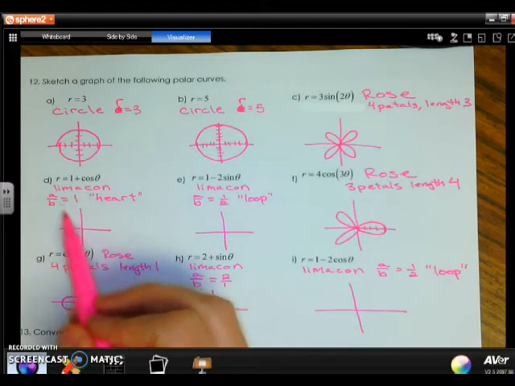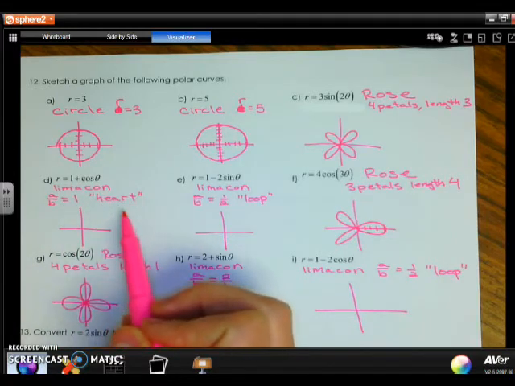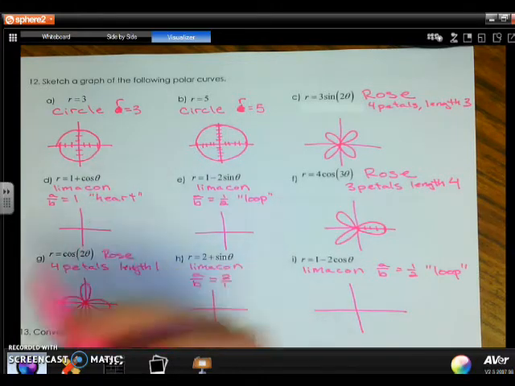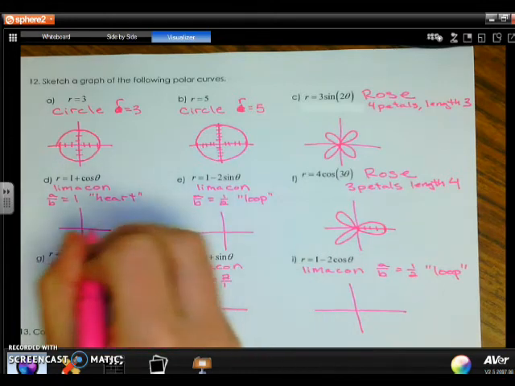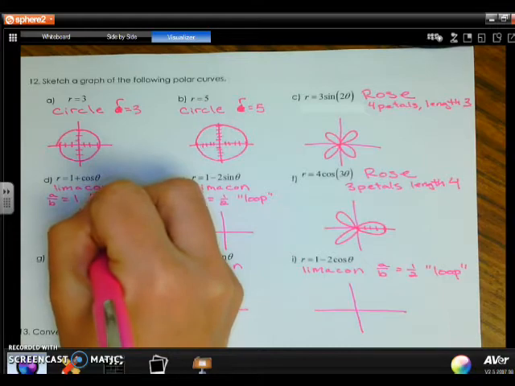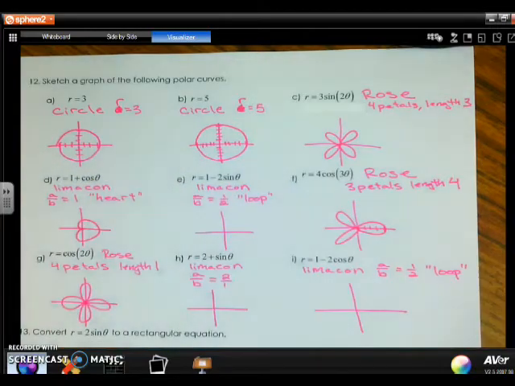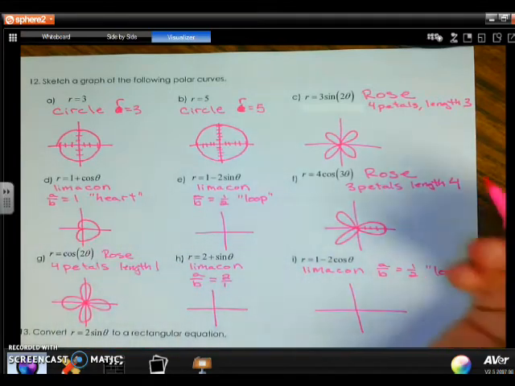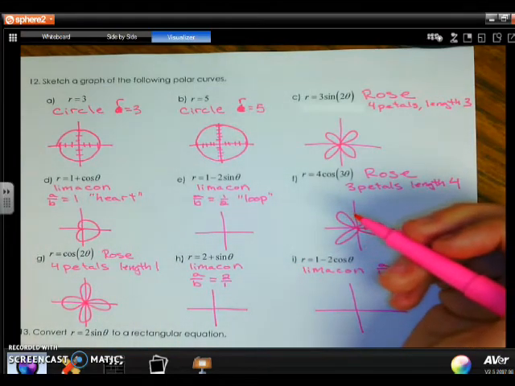So here, 1 divided by 1 is 1. That's how you get that heart shape. Since it is a cosine curve and it's positive, it's going to be mostly to the right. So it's going to have this heart shape, kind of like that. I know that's not perfectly symmetrical; this one should be a little smaller, but I'm just sketching these.